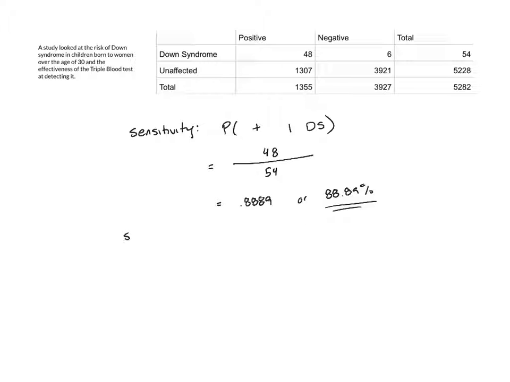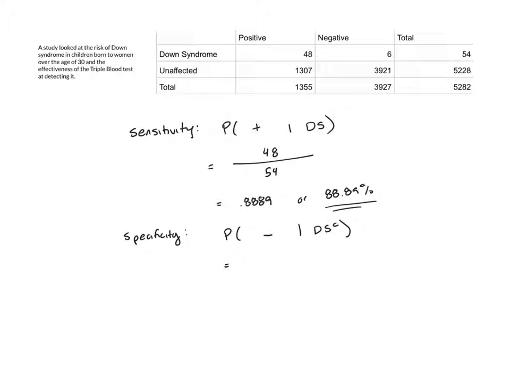Now, once we've looked at sensitivity, let's go ahead and look at specificity. Specificity measures the chances if your baby is going to be born without the condition, I'm going to write that as Down syndrome complement, what are the chances that you get a negative test result? That is, the test accurately reflects that.